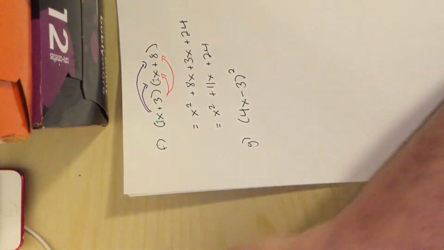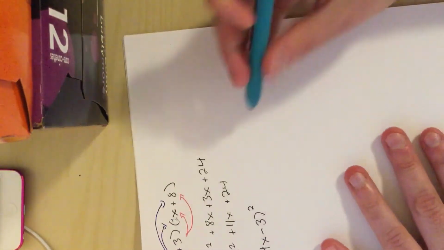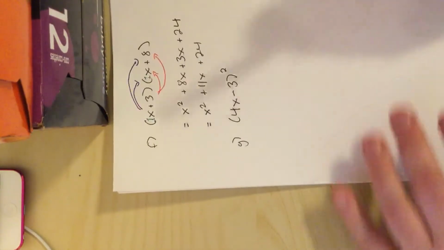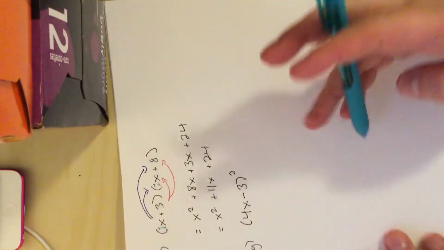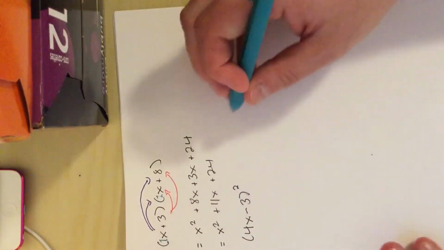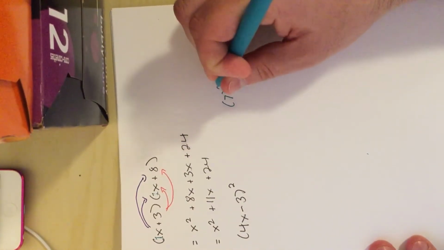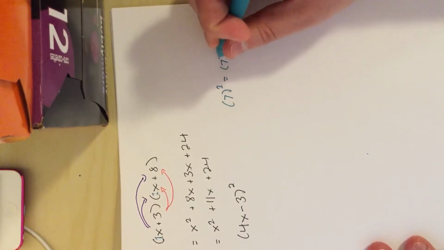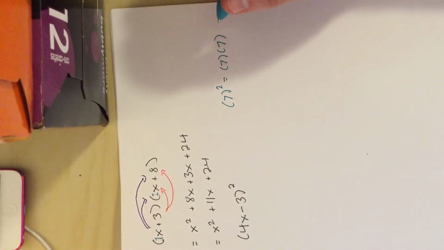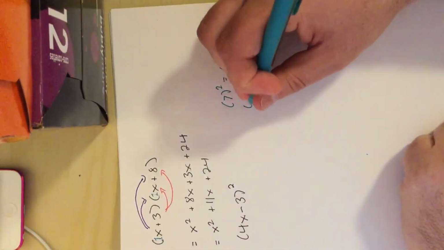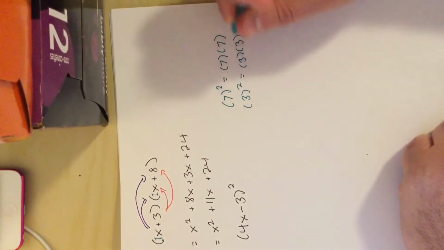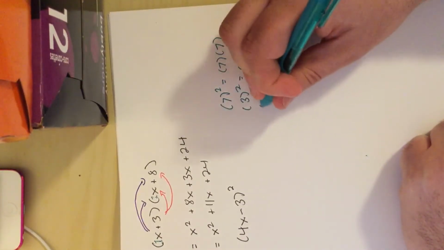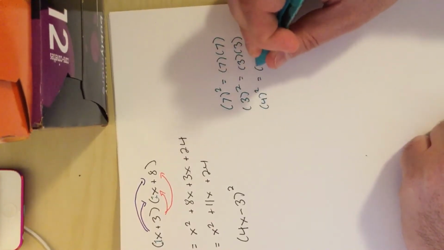Squared. I'm going to do a quick little reminder. When we have a squared bracket, it's tempting to just take the squared and bring it into both of these terms. You're not allowed to do that. But I will show something. So let's say we had 7 squared. That would just be 7 times 7, which is 49, or if you remember that, great. 3 squared is 3 times 3, which is 9. 4 squared is 4 times 4.